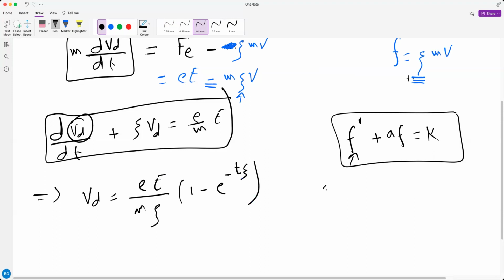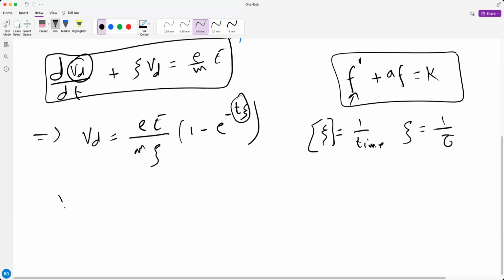And you can easily see that zeta, because the exponent argument should be dimensionless, has a unit of 1 over time. So zeta is exactly 1 over the collision time. So the drift velocity then becomes E tau over m, times 1 minus exponential of minus t over tau.